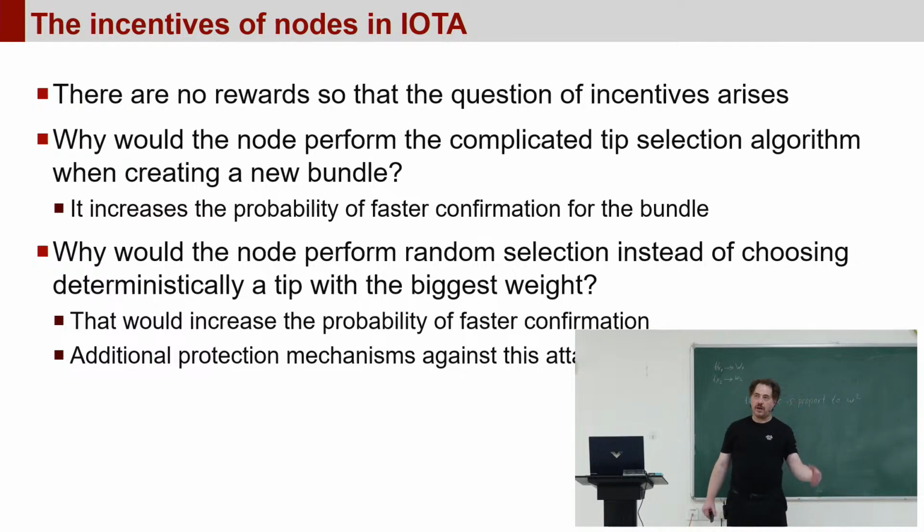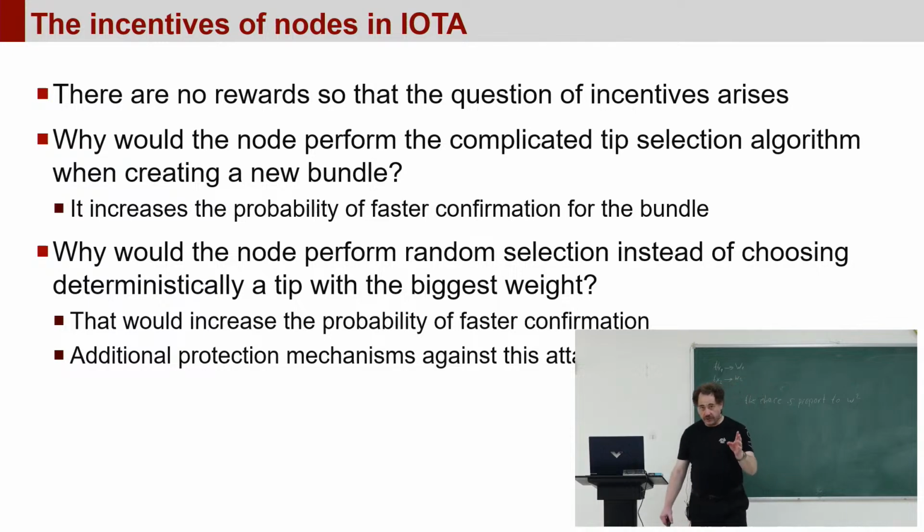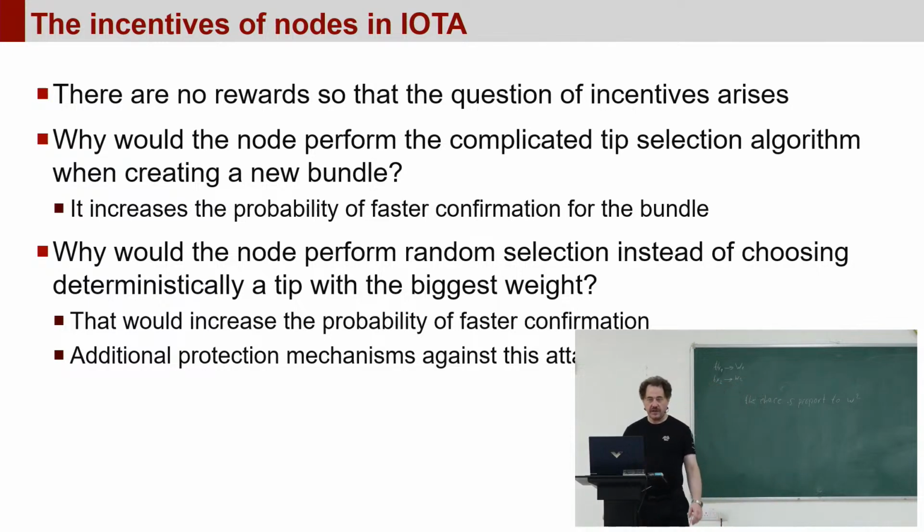In general, the assumption is that most of the nodes would be interested in correct functioning of the system. But not only that, each node would be especially interested in acceptance of its transactions. So the incentive is based on the acceptance of transactions by the node itself.